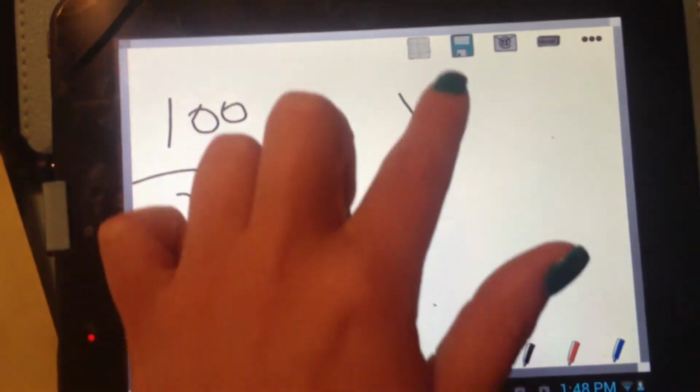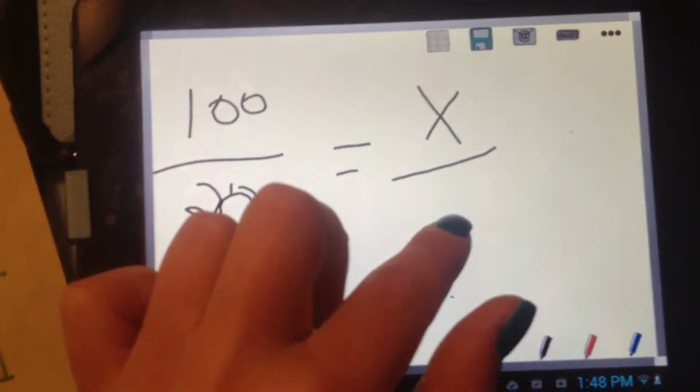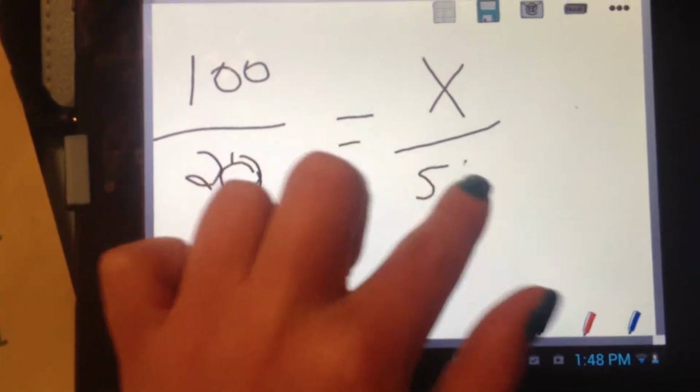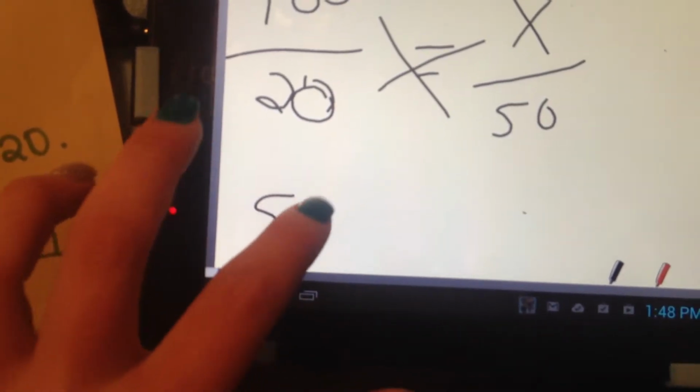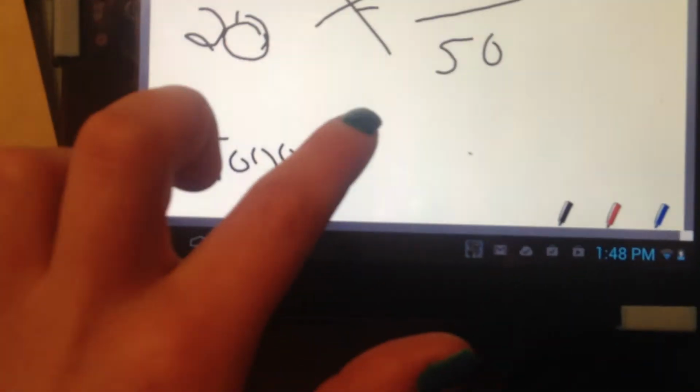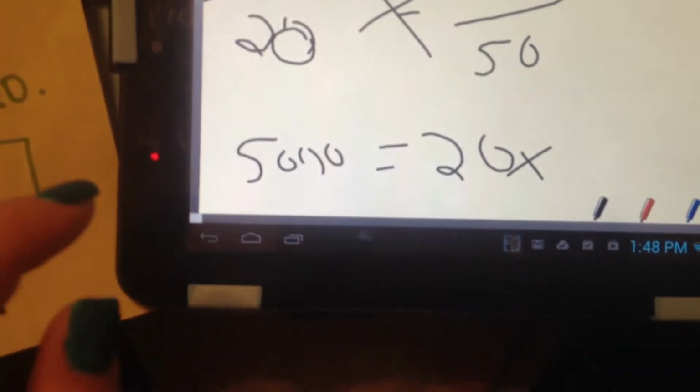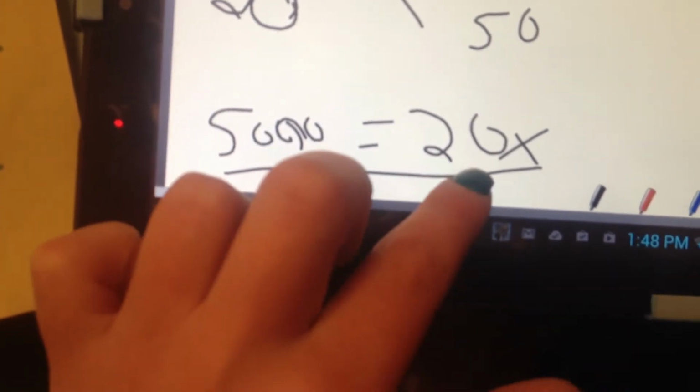We don't know what x is, but we do know that y equals 50. So cross multiply again: 5,000 equals 20x. To isolate x, we're going to divide both sides by 20.